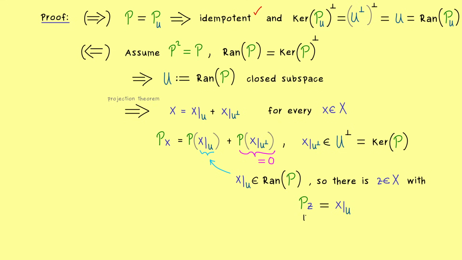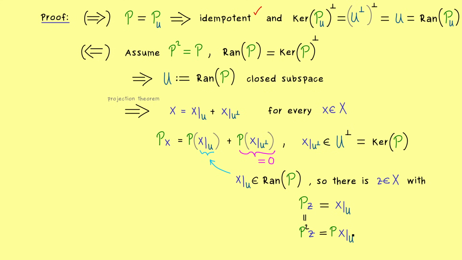However, now instead of P, we could also write P squared. We know it's idempotent, so this one does not change anything. However, we already know that P of z gives us our vector, so only one P remains. Hence, what we actually get is that P applied to such an element from the range does not change anything.